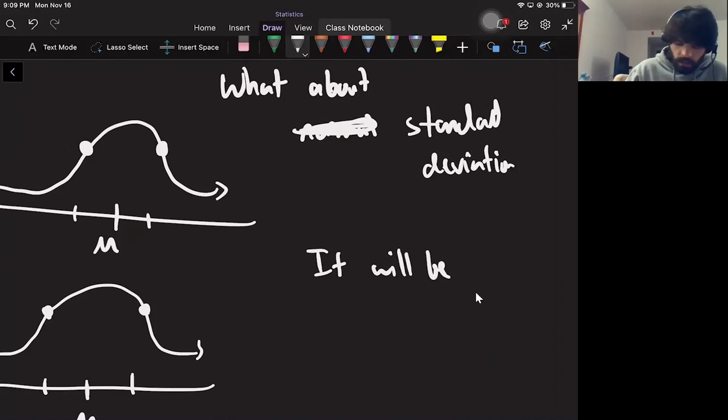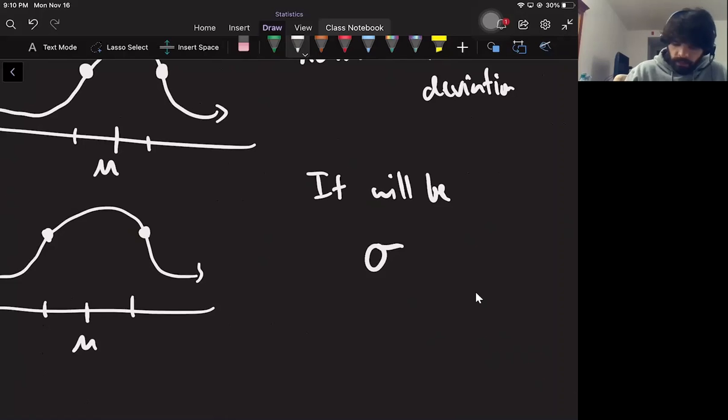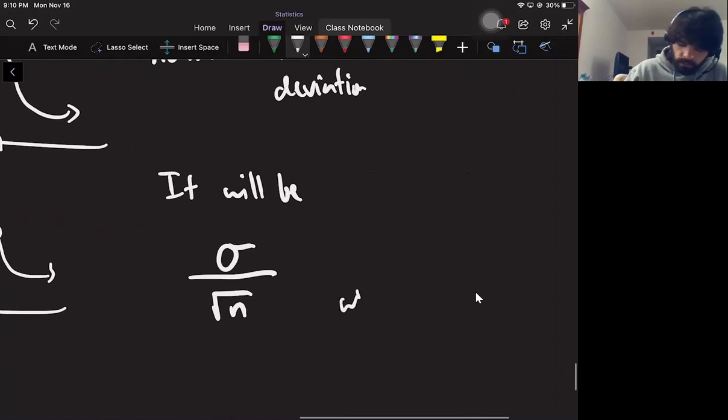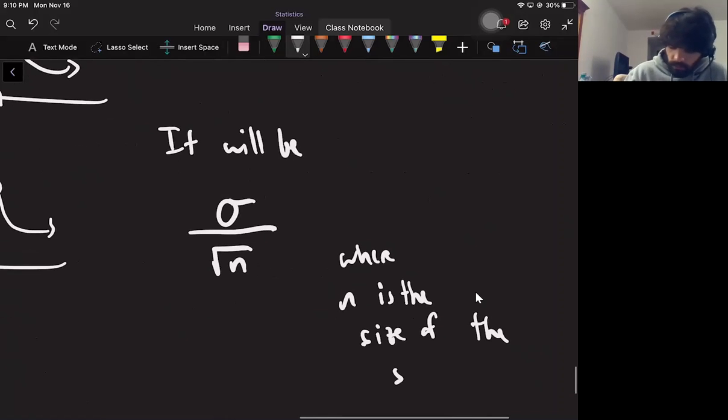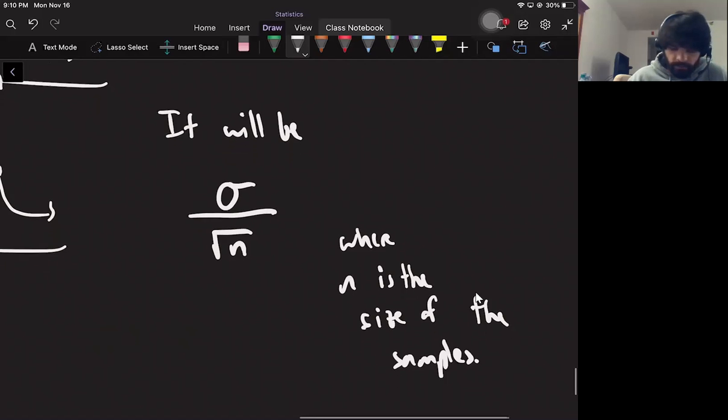It will be the standard deviation of the population divided by the square root of the sample size that you used. So for us, it would have been 5, because I was doing samples of size 5 up there.